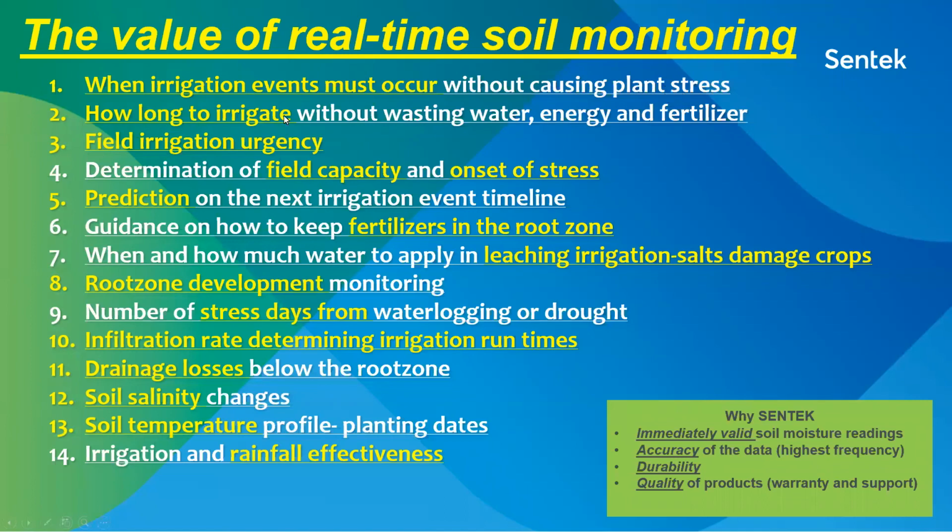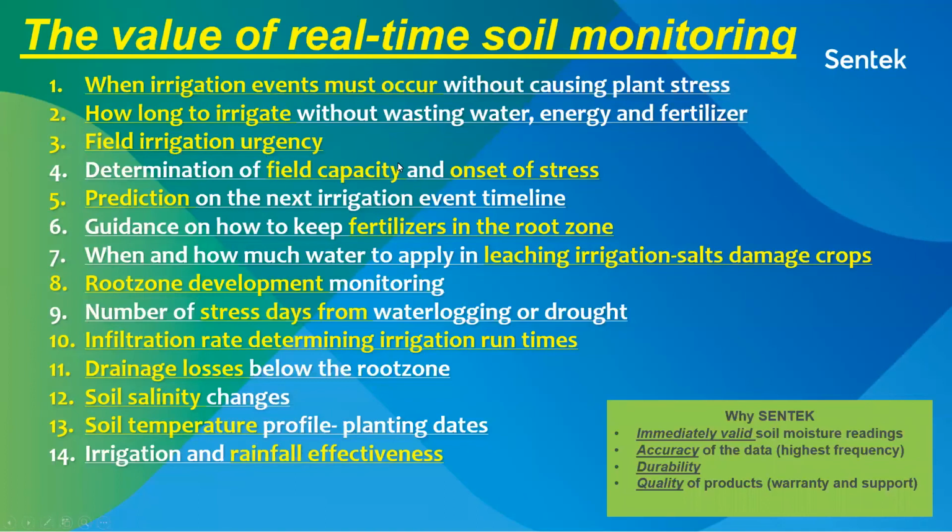How long to irrigate without wasting water, energy, and fertilizer? This is the objective: to keep water within the root zone of any given crop. Field irrigation urgency: if you have a limited supply of water, which fields need to be addressed earlier based on water that is stored within the root zone. From the sensors, we can also determine what is field capacity for the site, right?